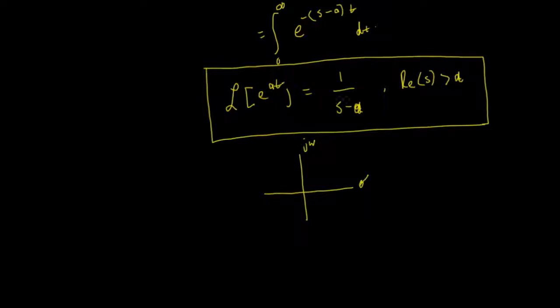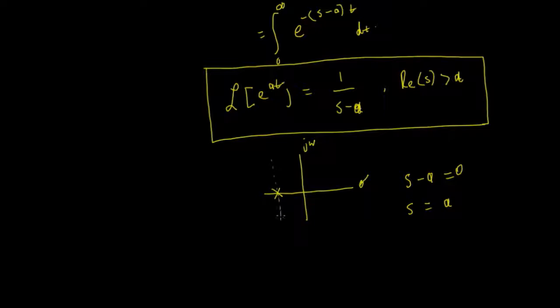The denominator will give you the poles, so there'll be a pole whenever this denominator equals 0, so that's when s minus a equals 0, that is when s equals a. So let's say a equals minus 2, then we'll have a pole at sigma equals minus 2, which is there, and it's going to exist for the real parts of s greater than a.